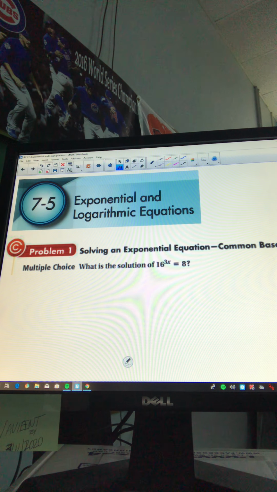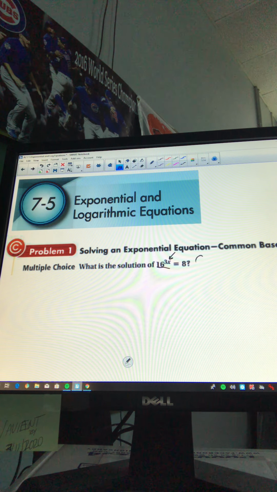What is the solution of 16 to the 3x power equals 8? Well, we can use logarithms to solve that. And really, when you're trying to solve for a variable in the exponent position, you really need to use logs. That's why they're very, very helpful, one of the reasons, anyway.